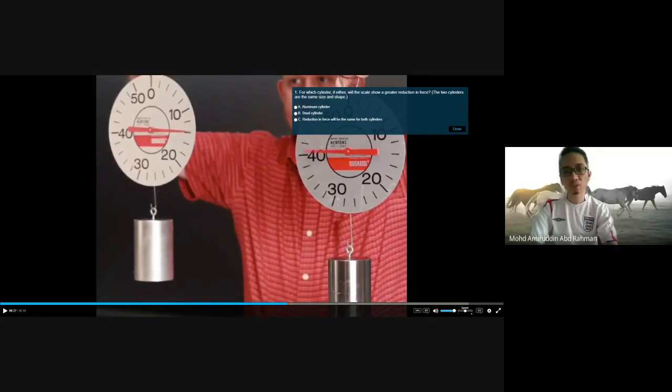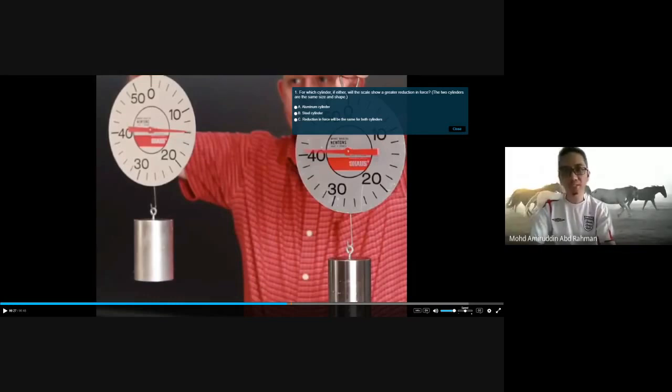The steel one weighs 40 kilograms, and the other one weighs about 14 kilograms. If 14 goes to 10, it's only about a 4 kilogram reduction. But if 40 goes to 20, the reduction is 20. So they still have a bigger reduction.